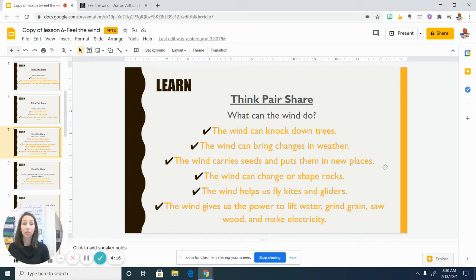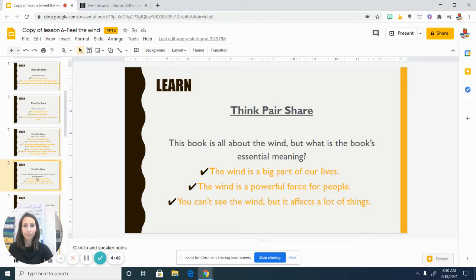It can even change the shape of rocks, right? Erosion, we learned about that. It can help kites fly, gliders fly, and birds use it to soar. And wind can also be used to make electricity, which can help do certain jobs for us, like grind grain, saw wood, and lift water. These were all things that the wind can do.